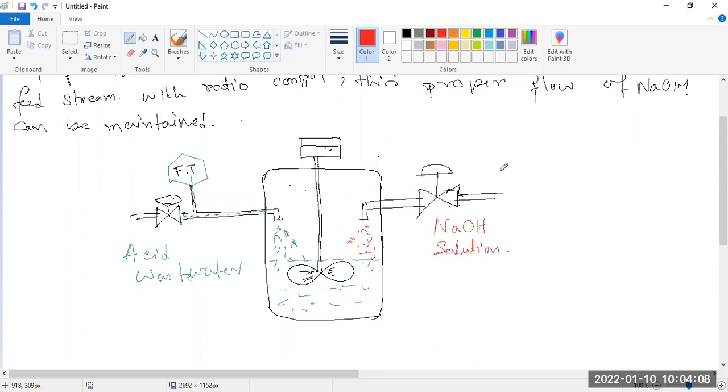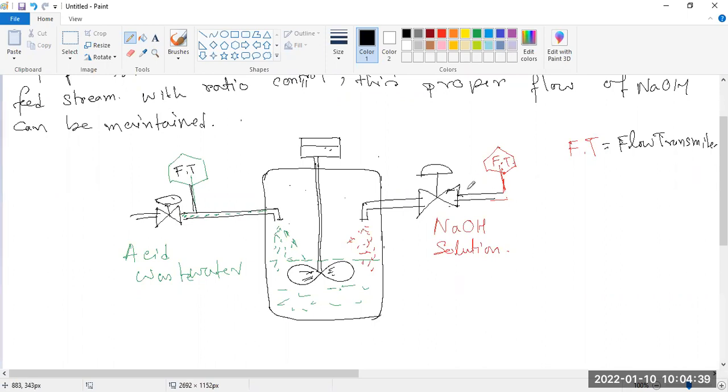So we need another flow transmitter, FT. FT means flow transmitter. Just write down this. This is a flow transmitter. A flow transmitter is just giving you the information regarding how much flow is going on.